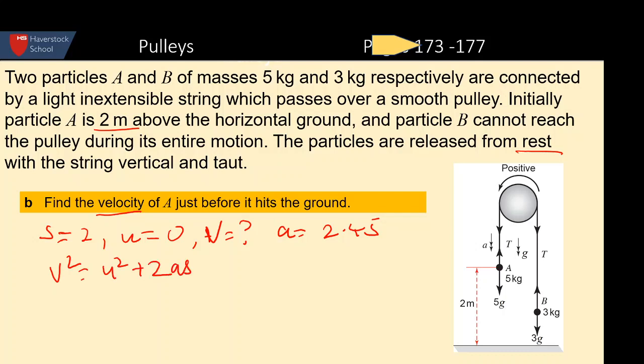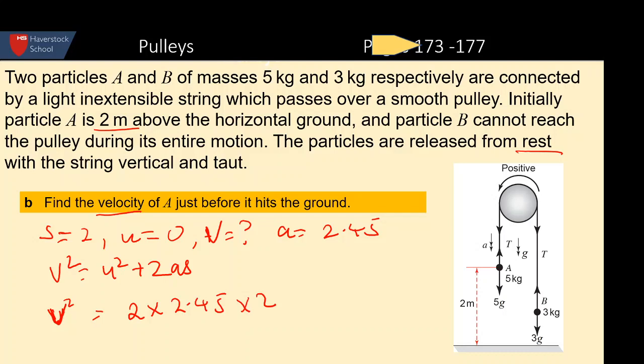Simple. So we want v squared, equals u, which is 0 there, plus 2 times 2.45 times 2.